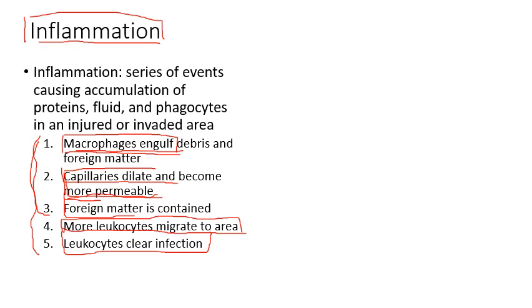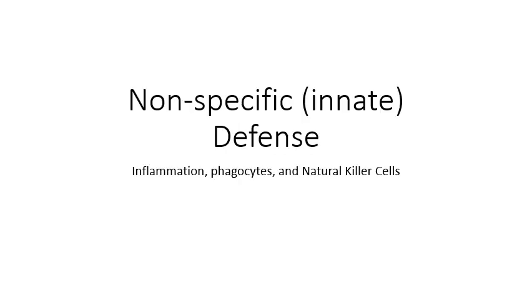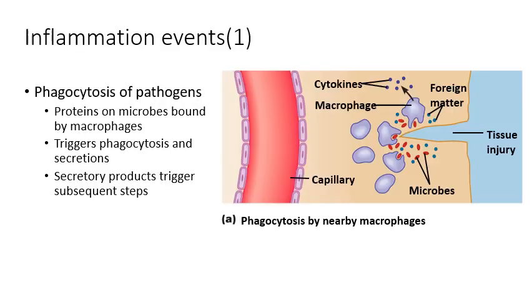Okay, so let's look at these processes. We're going to look at this process in a step-by-step manner here. All right, so let's look at inflammation. Looking at the first part of the inflammation event, you get tissue injury, you get a cut.